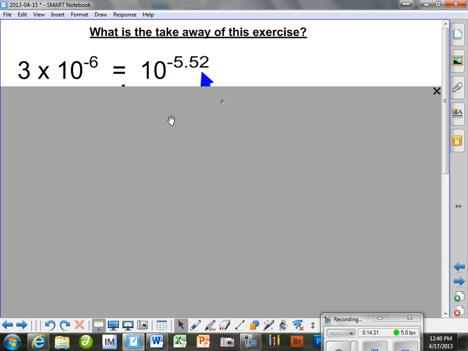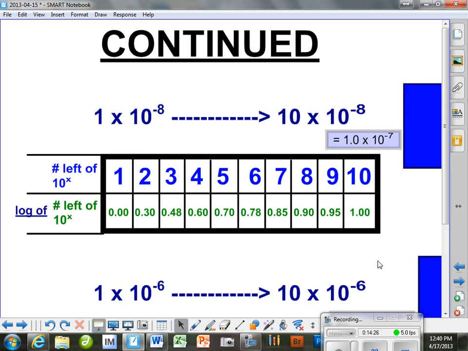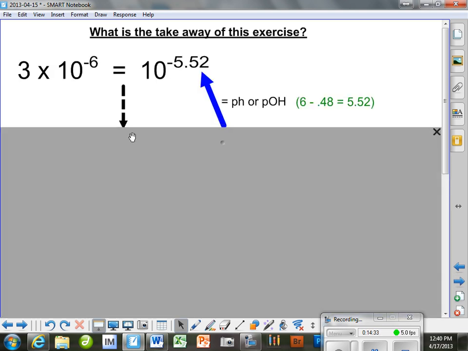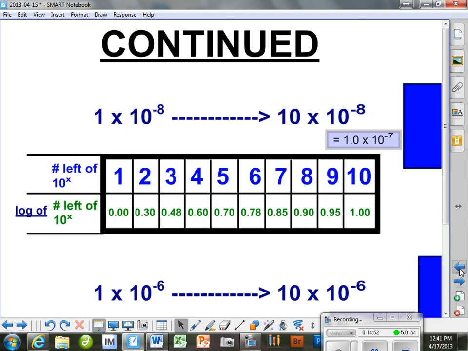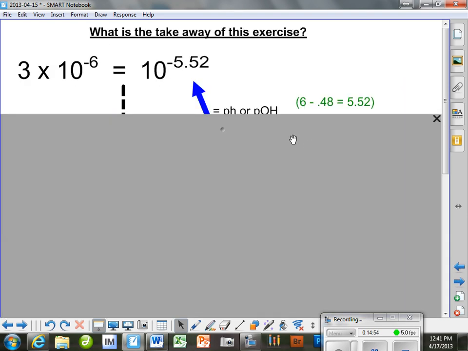This is so cool. 3 times 10 to the minus 6. Log of 3 is 0.48. So when I subtract, pH will be 6, which is the minus log of 10 to the minus 6, and then we have the log of 3, which was 0.48.